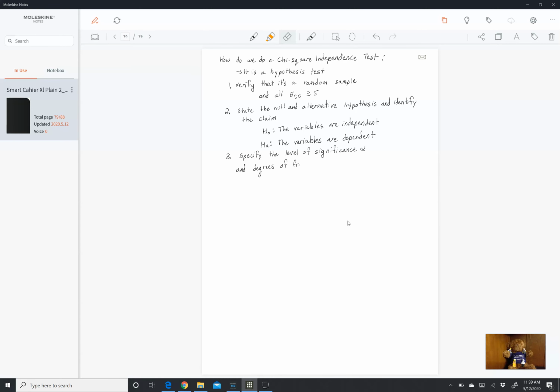Here we have two variables, right? So our degrees of freedom includes both of them. The degrees of freedom is the number of rows minus 1 times the number of columns minus 1. So again, R equals the number of rows, C equals the number of columns, and you just multiply their reduced values together.